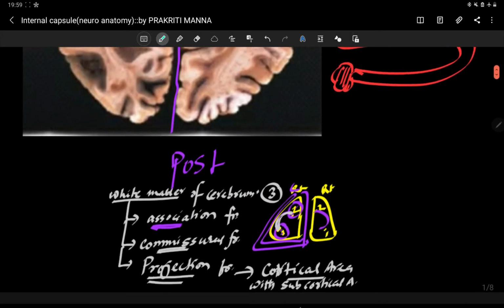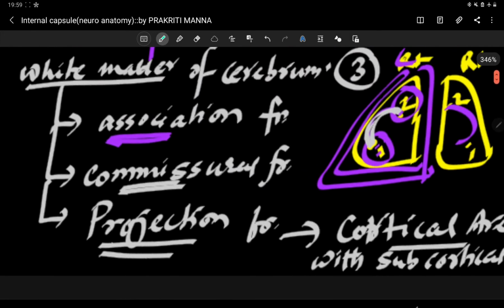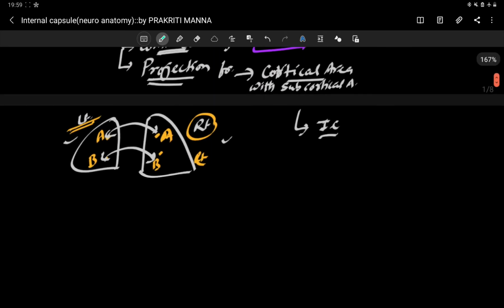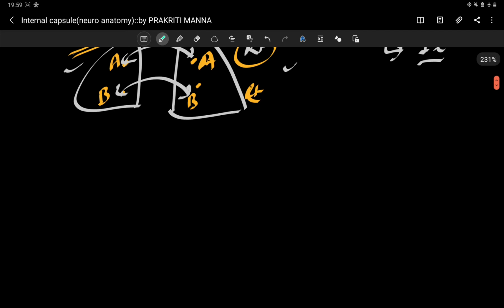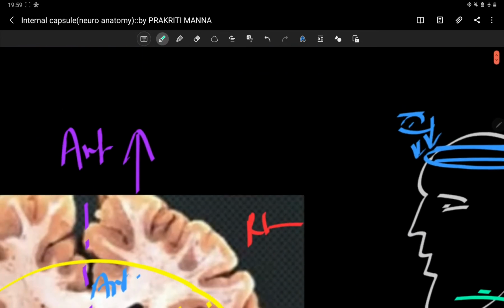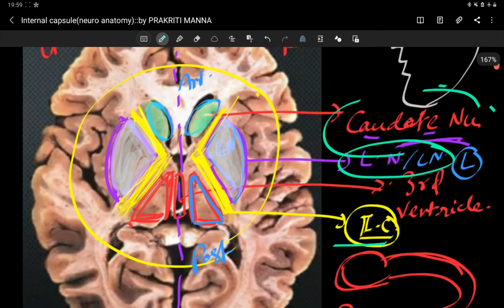Now let's talk about the location of the internal capsule. Before that, I am telling you about the three major areas of the internal capsule which you can see in the superior horizontal section view.